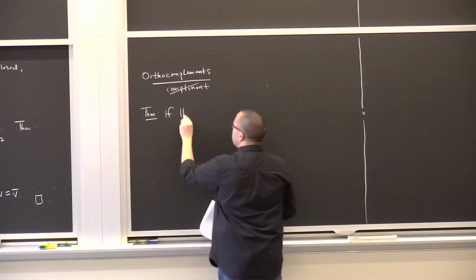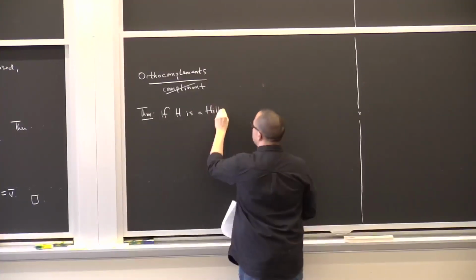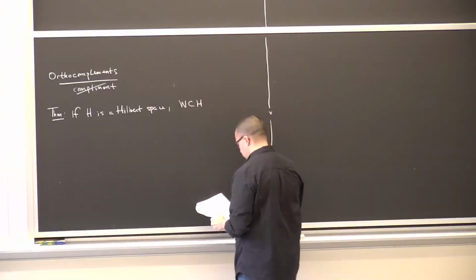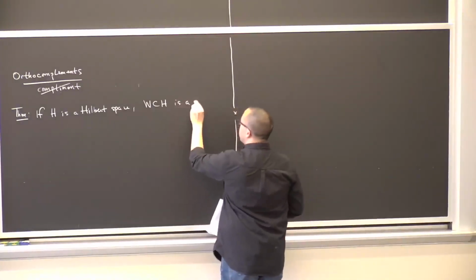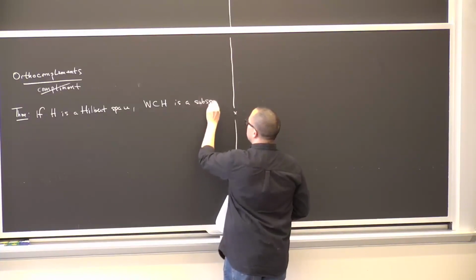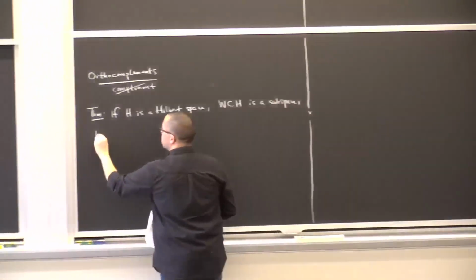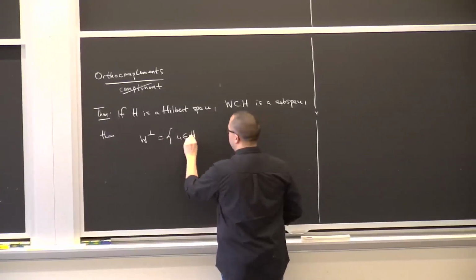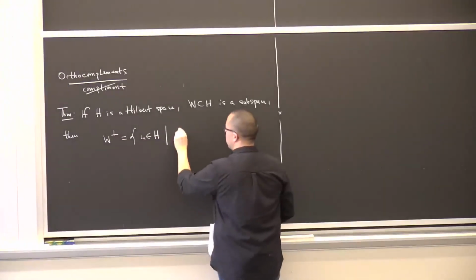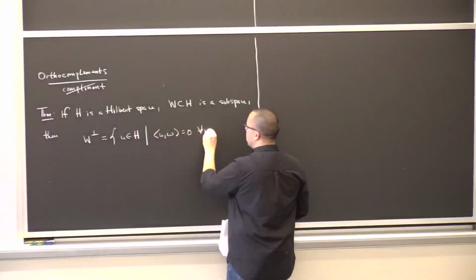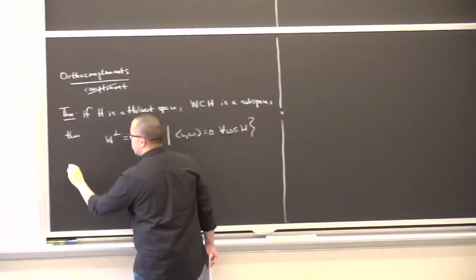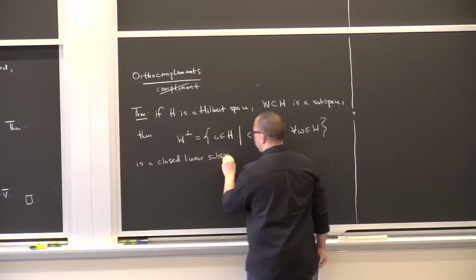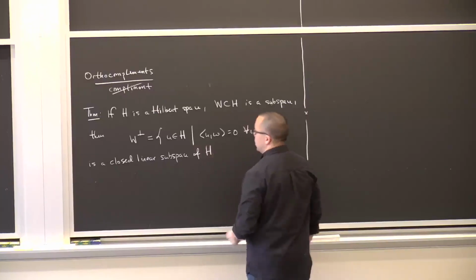If H is a Hilbert space and W is a linear subspace, then the following set, W perp, which is equal to the set of all U in H which are orthogonal to everything in W, so the inner product of U with w equals 0 for all w in W, is a closed linear subspace of H. So that's the first part.